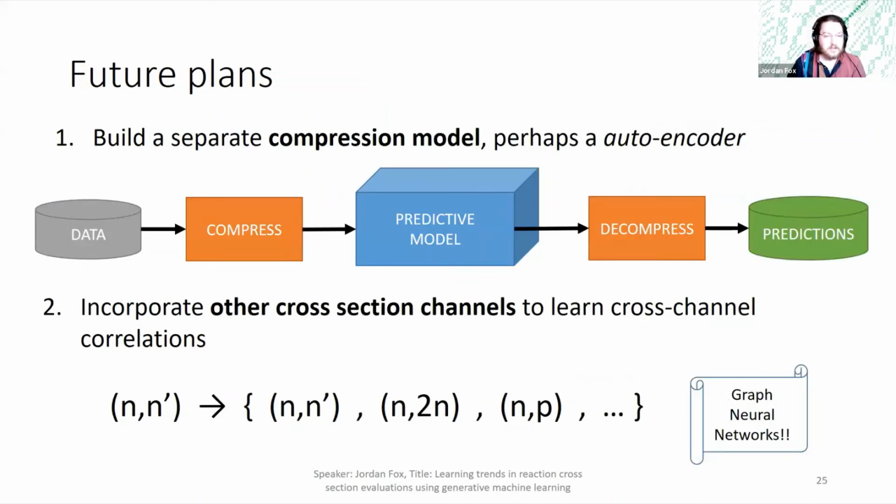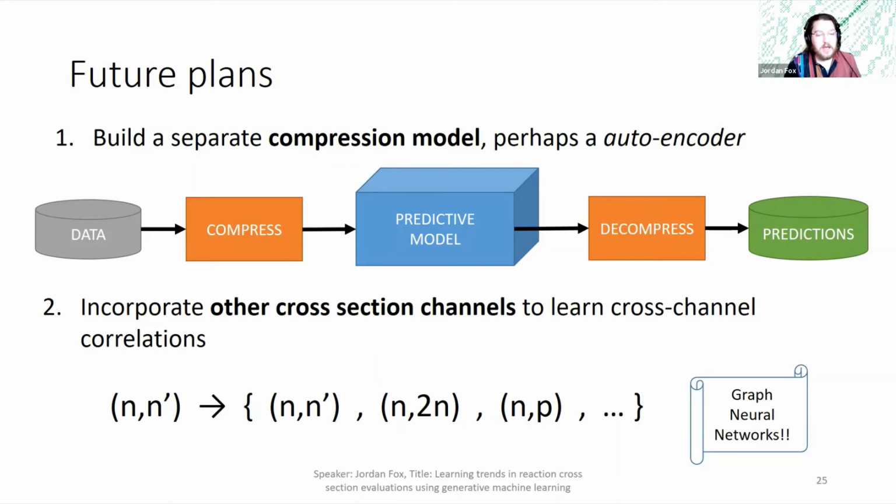So lastly, I'll just talk about some of the future plans we have for this project. One thing that I've been thinking about a lot is, at the beginning, I talked about the normalization and standardization of the cross sections that we're using, and I doubt that that's the optimal way to actually do this. I doubt that's the optimal way to present the data to a machine learning system.